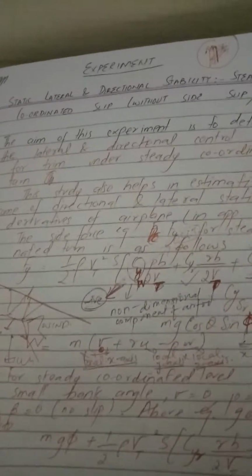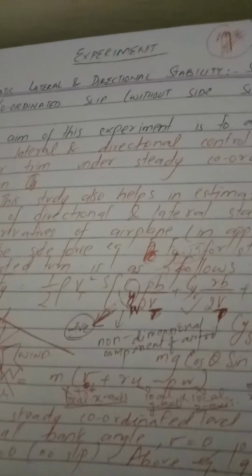So first of all, what is the aim or the purpose of this experiment? As we know, we have to calculate the aerodynamic properties as well as the weight factor, by providing all the assumptions.